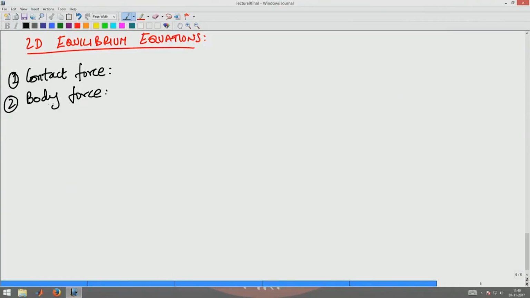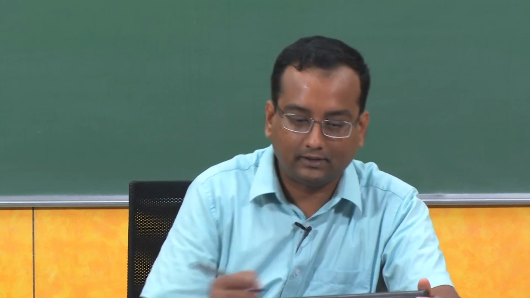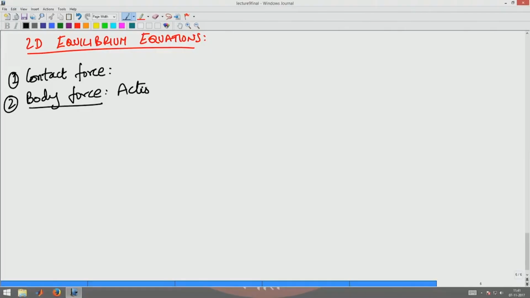This does not occur due to contact, this occurs through an action at a distance kind of a concept, wherein the earth attracting a body to fall on its surface is an example of a body force. The gravitational force is an example of a body force, so are electromagnetic forces. These are action at a distance forces.